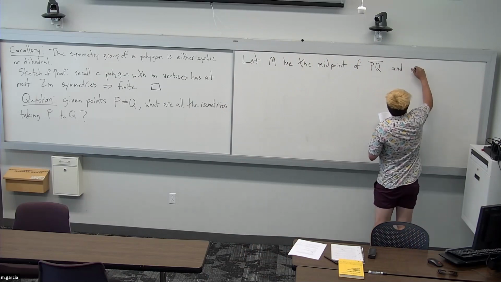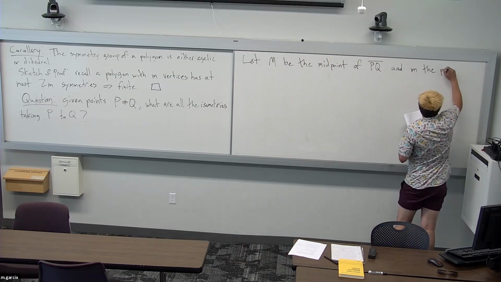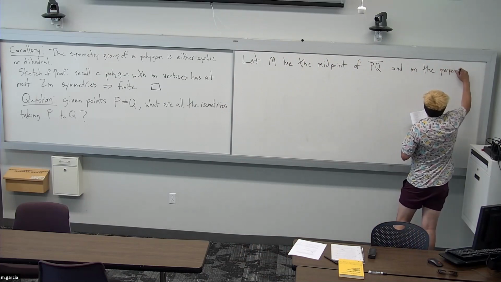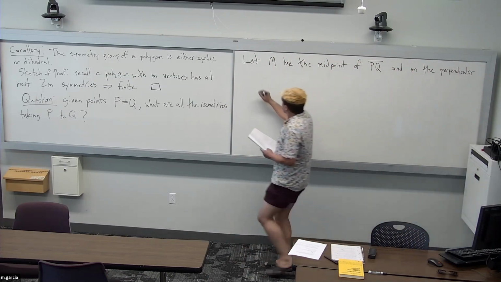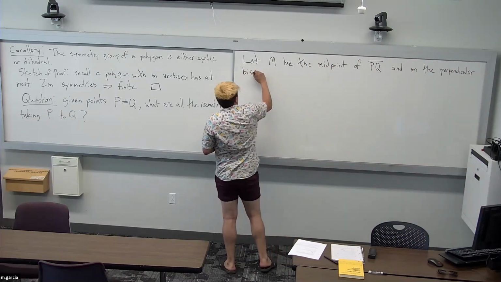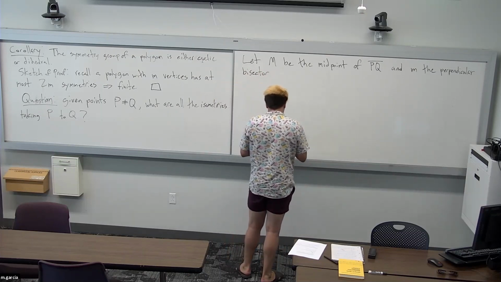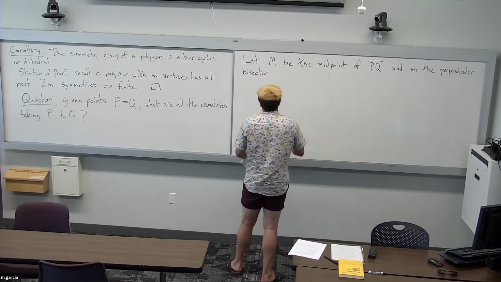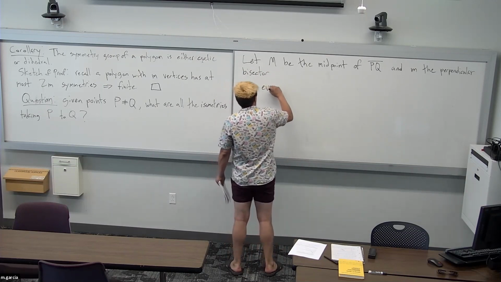And little m, the perpendicular bisector. Okay. So, two cases. Let's start with the even isometries that take P to Q.